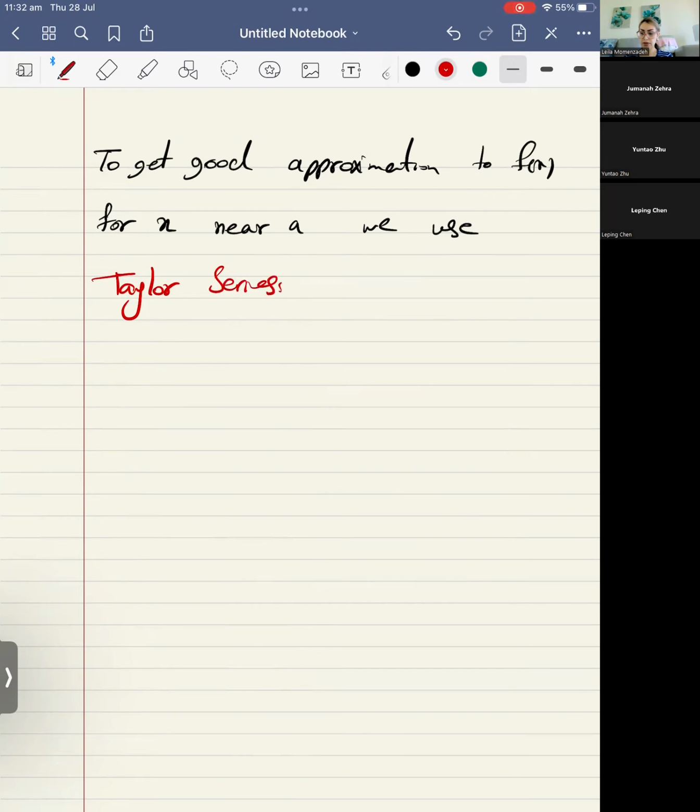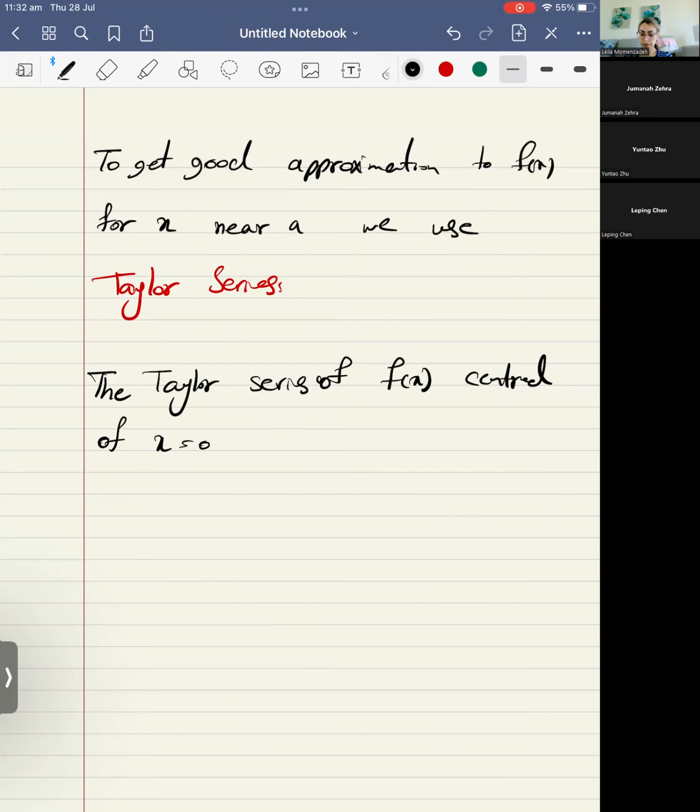What's that Taylor series? The Taylor series of f of x centered at x equal a.